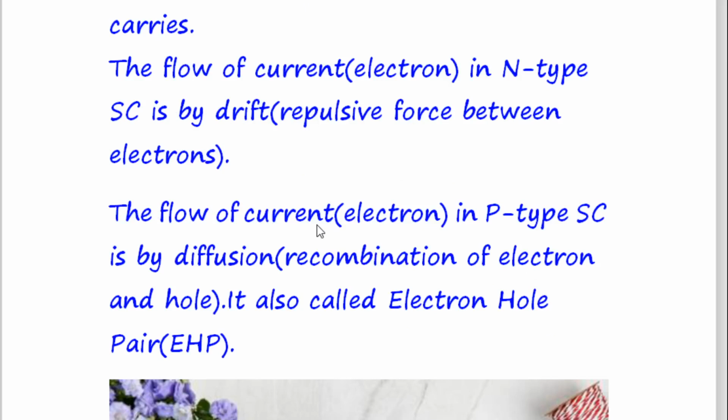The flow of current, that is electron, in p-type semiconductor material is by diffusion. Diffusion means what? Recombination of electron and hole. The electron has to diffuse into the hole, and therefore it is also called electron-hole pair, EHP.